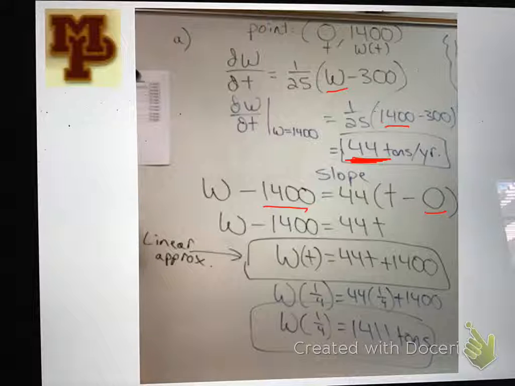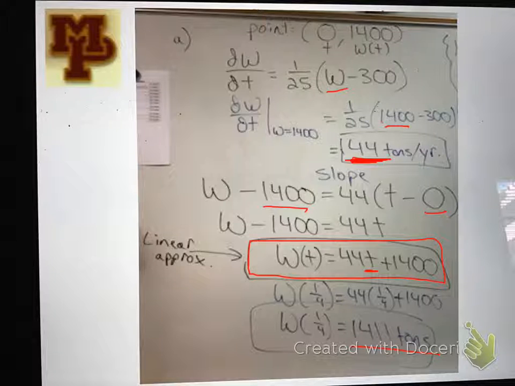You don't need the minus 0, so you can just say 44T, and then add the 1,400 over, and you get this really good tangent line approximation. Then you can utilize that to predict how much waste you're going to have 3 months later. 3 months is 1/4 of a year. So you plug 1/4 of a year in for the T, and you get 1,411 tons.